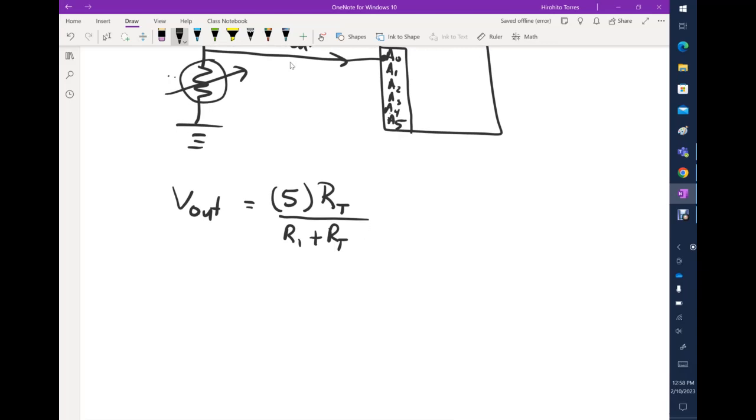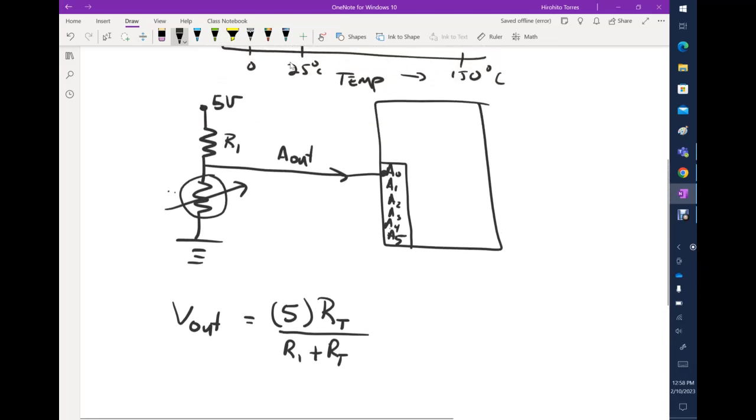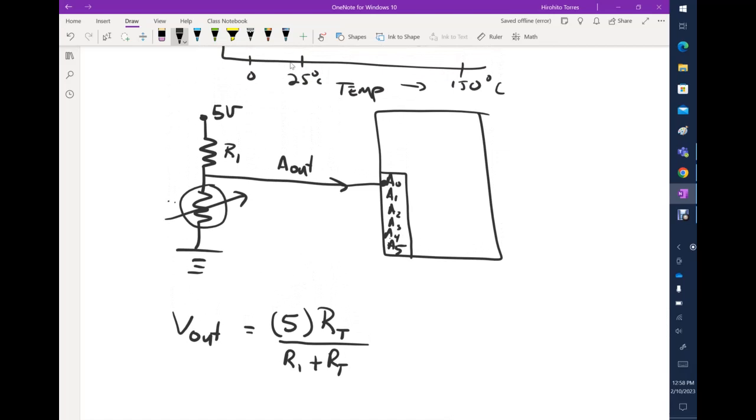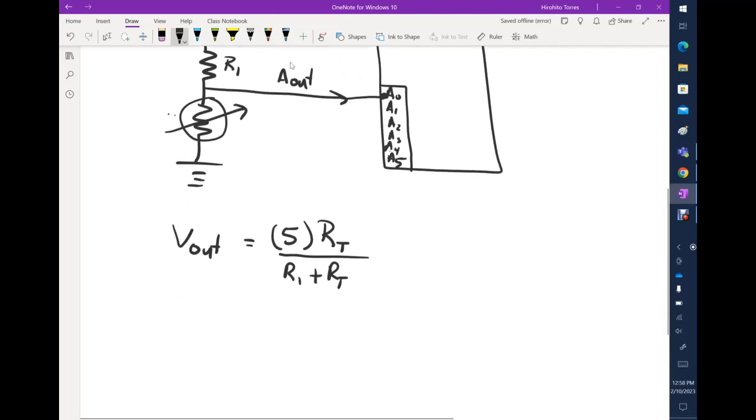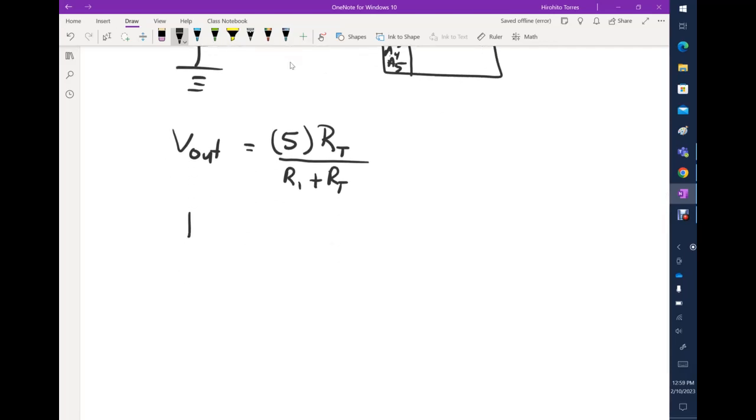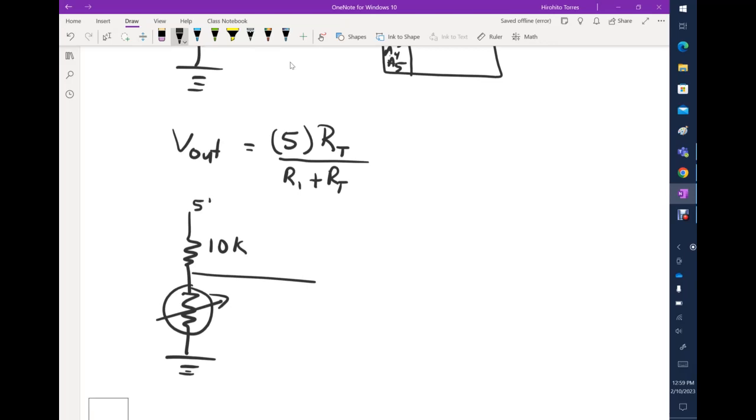Let's say that for this case, it's very often that the type of thermistor that we use is called a 10K thermistor. That means that in most cases our voltage divider will look like this. This is ground, this is what is changing, and this resistance value here we call 10K, and this is connected to the 5 volts, and this is Vout, voltage out, that will go into the Arduino.